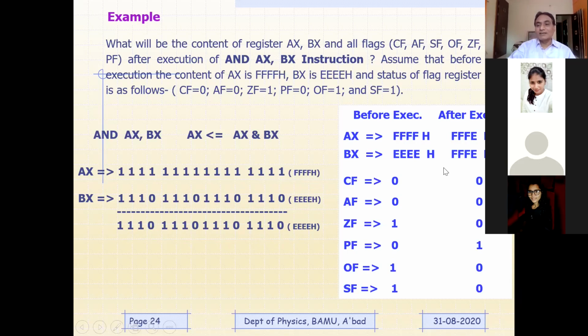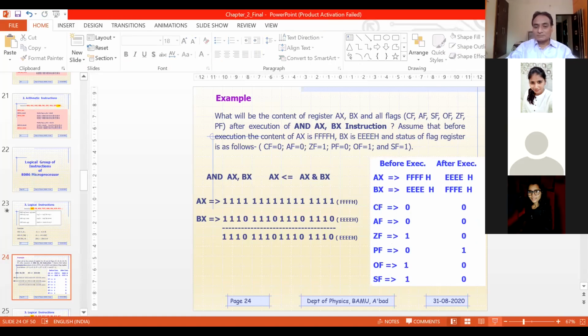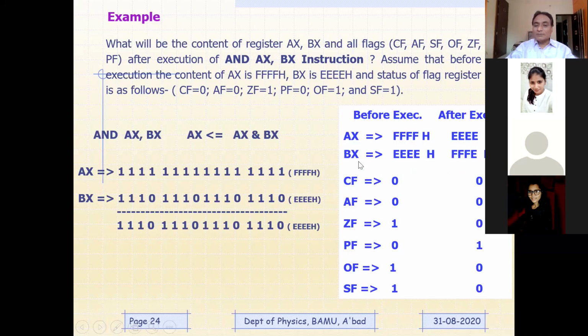What does this mean? This means that after execution, the status has to be updated. Now, what is the status? You can see here, this has to be updated. This is to be EEH. Okay. Now, what would be BX?